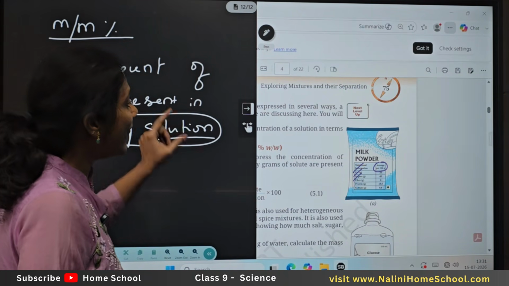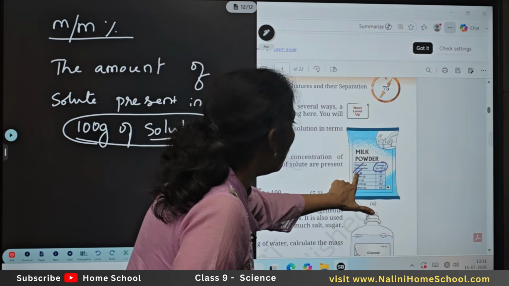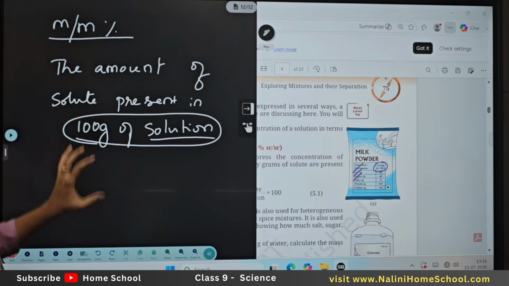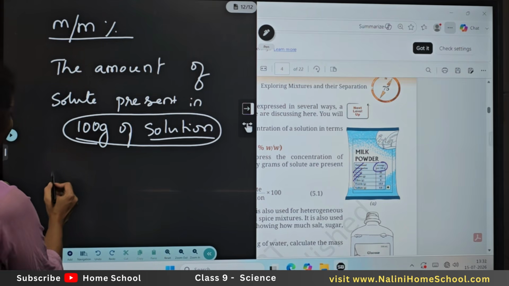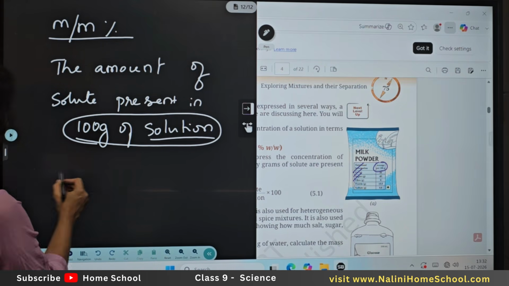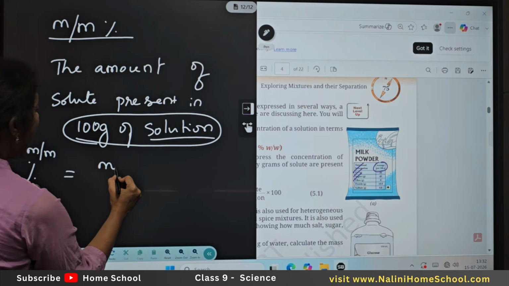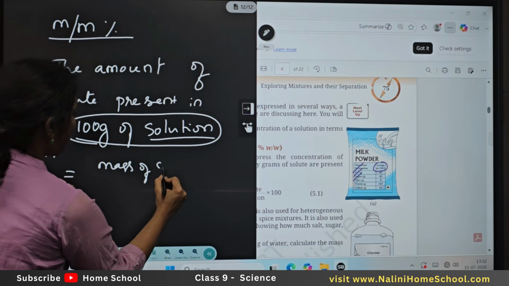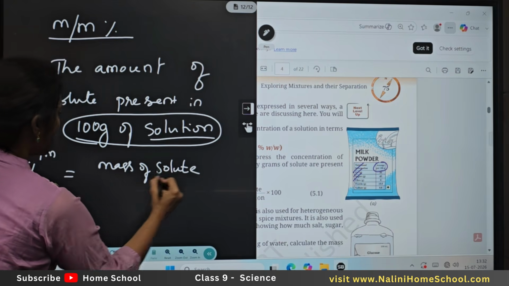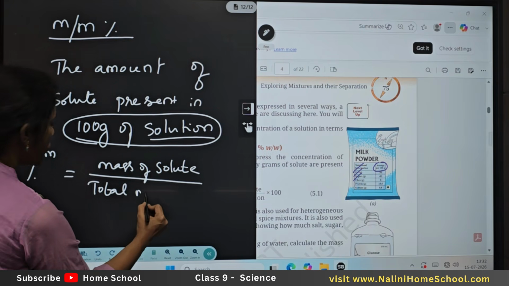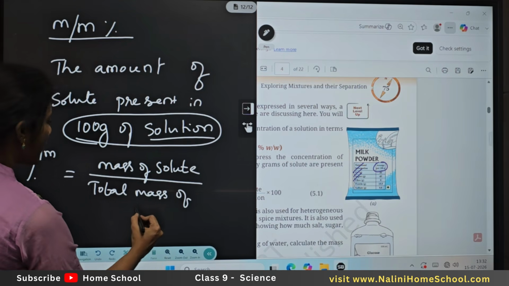Okay, so if I have to find out how much of fat is there in this particular 100 grams of solution, how do I find out? You can find out with the formula. So the formula for mass by mass percent is mass of solute divided by total mass of solution.